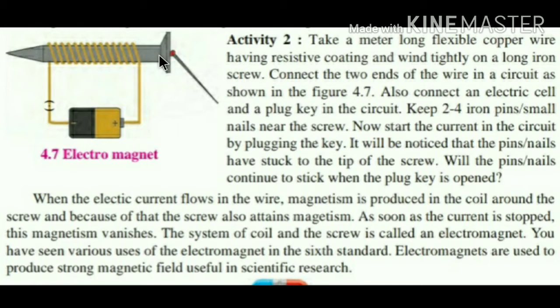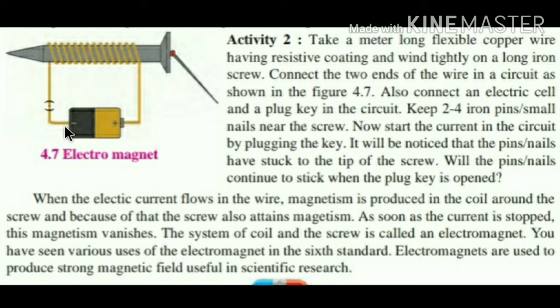Why does this happen? When electric current flows in the wire, magnetism is produced in the coil around the screw, and because of that the screw also attains magnetism.